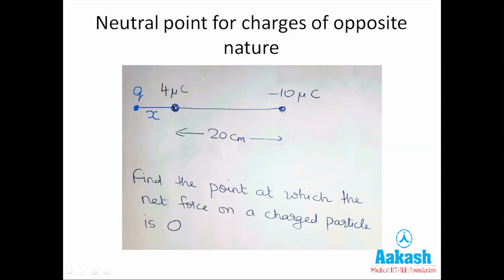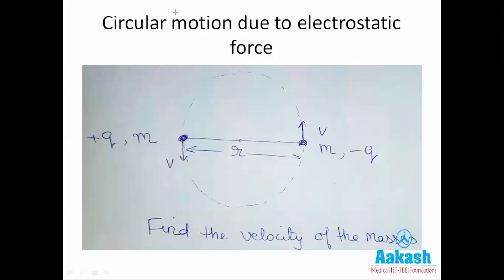Instead, it lies on the side of the charge having smaller magnitude. So I have drawn Q on the side of 4 microcoulomb because its magnitude is small and it is at a distance x from 4 microcoulomb. Now, due to this 4 microcoulomb, the force on this Q will be in this direction, and due to this minus 10 microcoulomb, the force on this Q will be in this direction. So we have to simply equate both these forces and find the value of x.